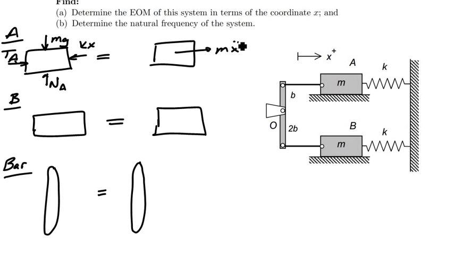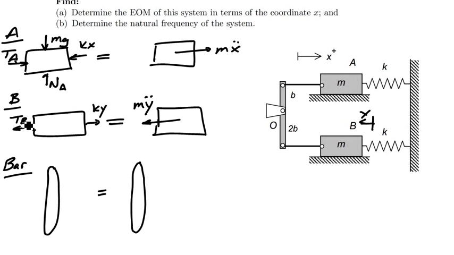Now at the same time, I think it makes sense intuitively, and we'll prove this with kinematics in a few minutes, that if x moves to the right, then B is going to move to the left. So I'm going to go ahead and call the displacement of B to be y, and so that'll be positive to the left, and I'll have my y double dot like so. And if that stretches out like that, then my force pulling back will be k times y. And I'll have some tension force here, which I'll choose to draw like so.